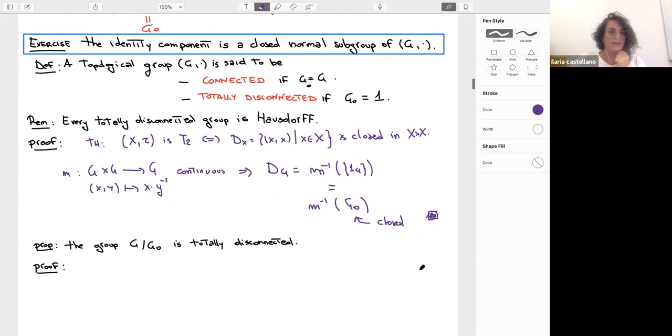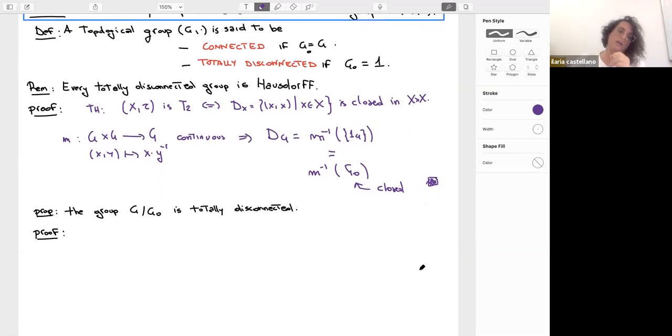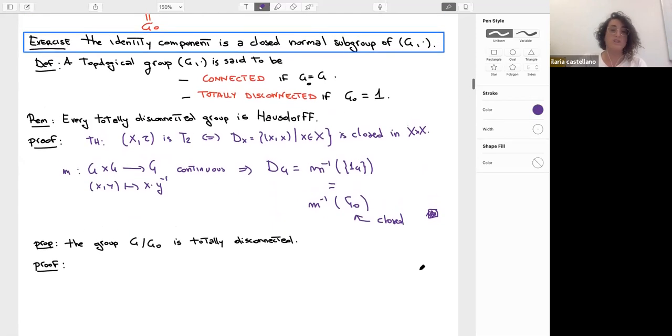Then my plan was to prove also that the quotient by the identity component is totally disconnected whenever you start from a group which is not totally disconnected. But I don't have so much time, so I will skip this proof. But this is important for what I'm going to talk about now.